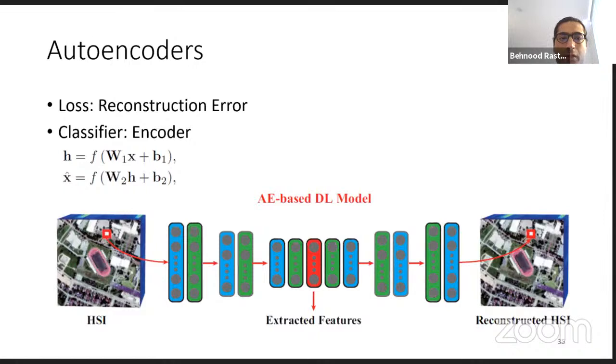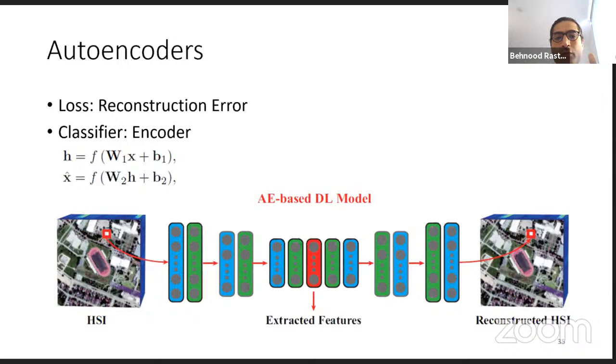The encoder basically represents the data in a feature space, and then the decoder part basically tries to reconstruct the data using those representative features.